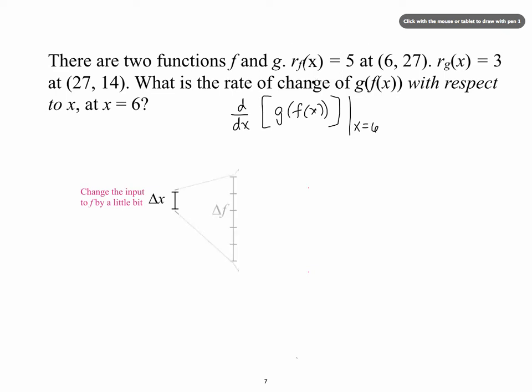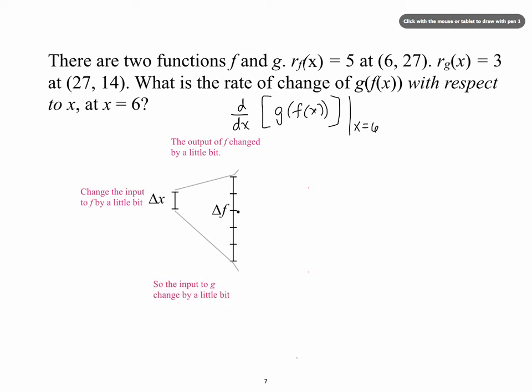A little bit of change in x is going to cause a little bit of change in f. The rate of change of f of x is 5. So a little bit of change in x is going to result in 5 times the change in f, okay?